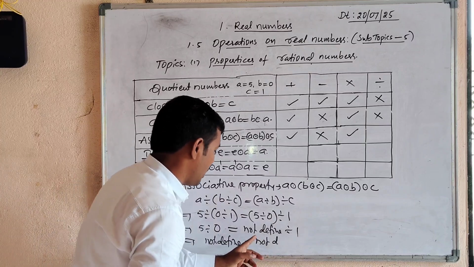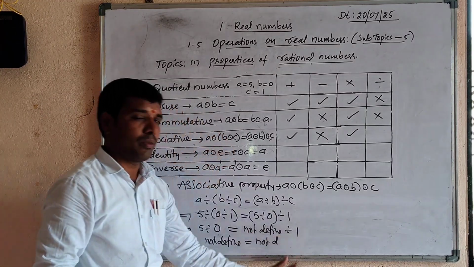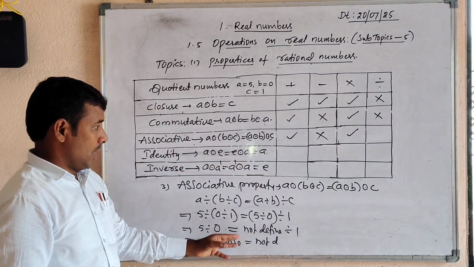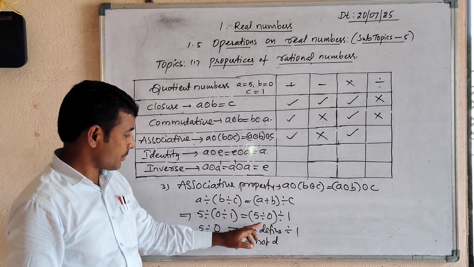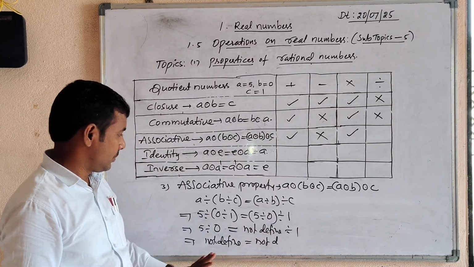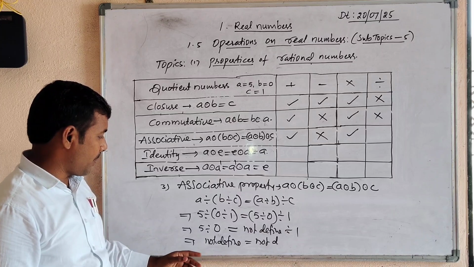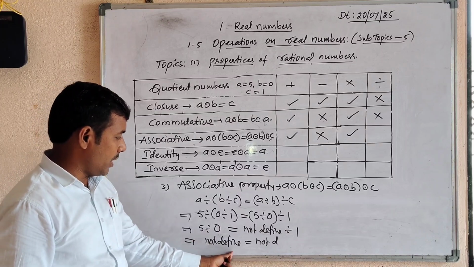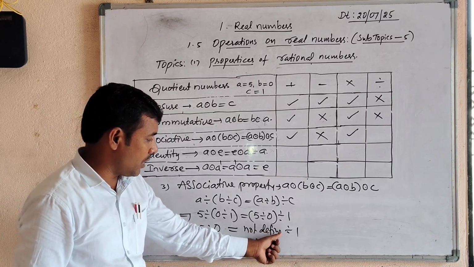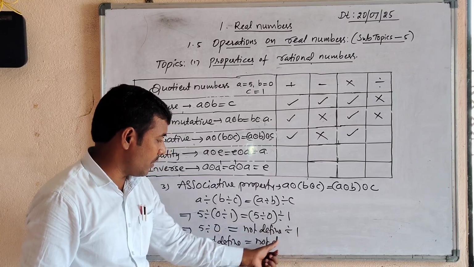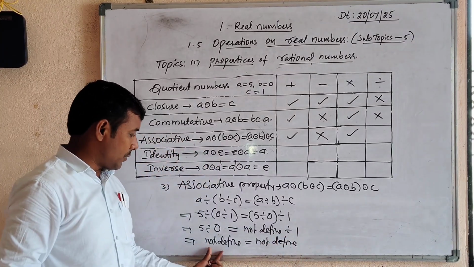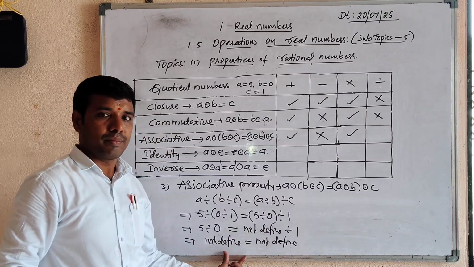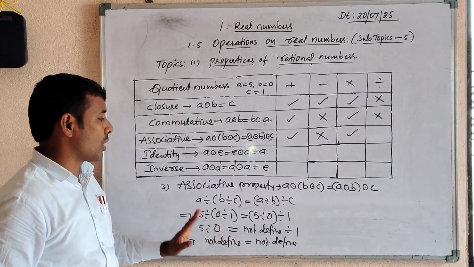Not defined divided by 1 is also not defined only. Here we got left side and right side the same, but actually it is a failure concept.